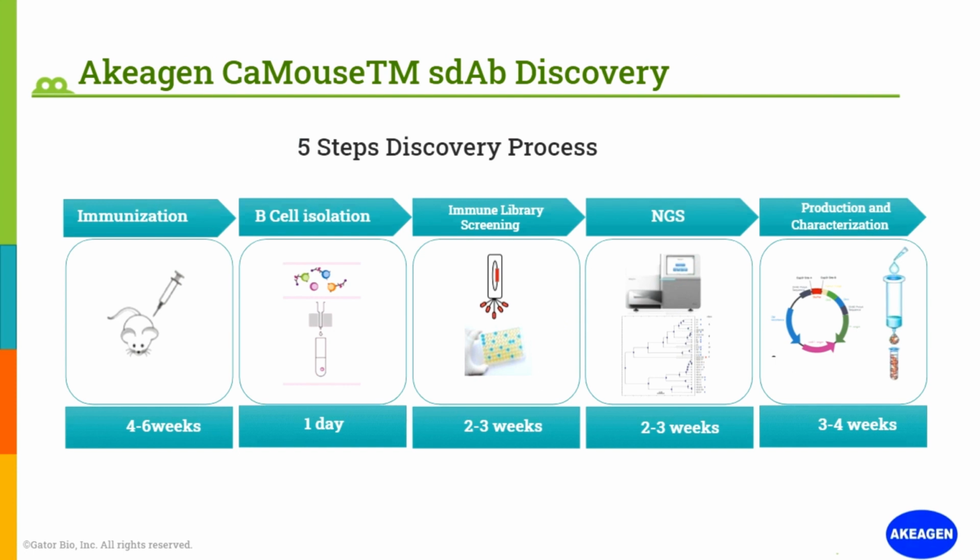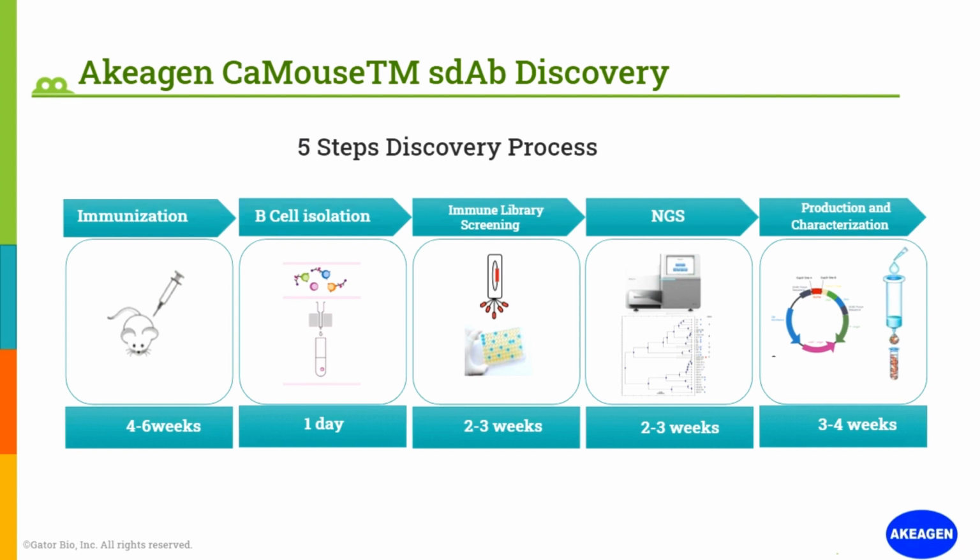So with the camel mouse, now we can make single-domain antibodies. The procedure is very standard. We first immunize the camel mouse with antigen. In the next slide, I'll show which types of antigen we can use. Then we collect the spleen, lymph node, or bone marrow B cells or plasma cells and make a library, or we can use hybridoma technology as well.